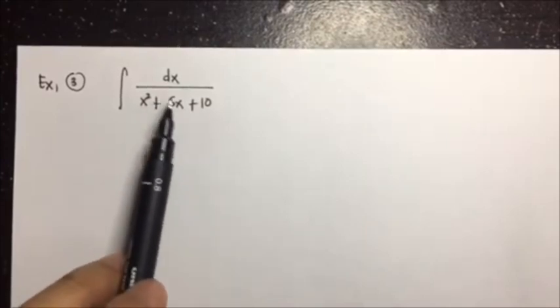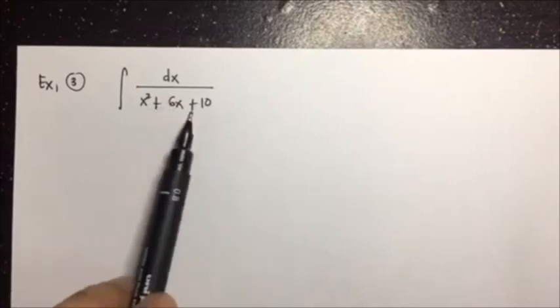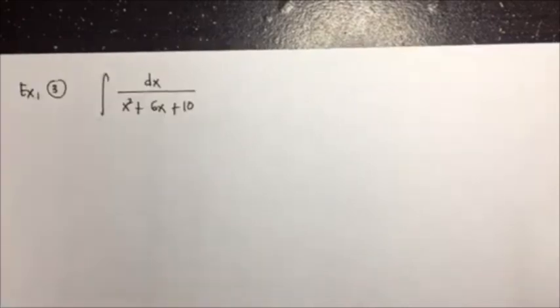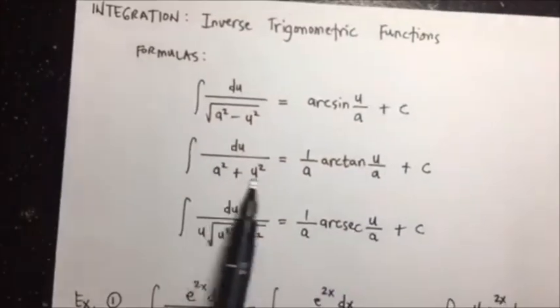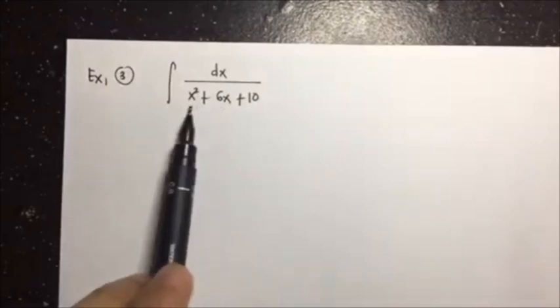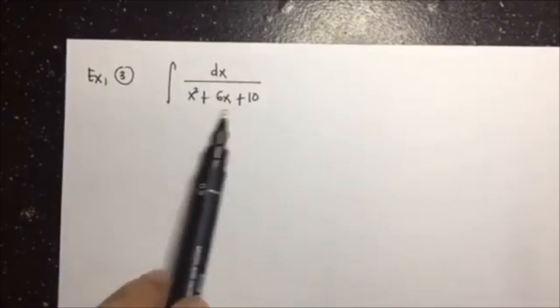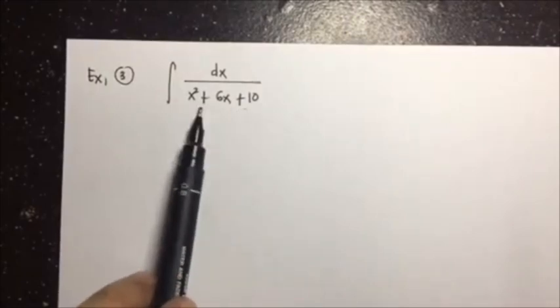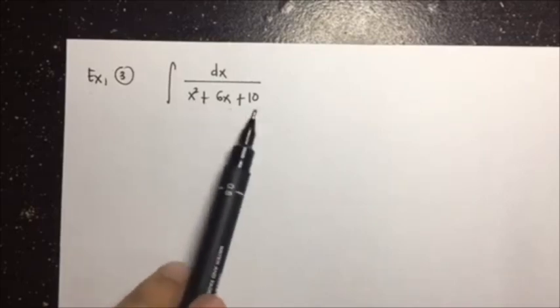This can be solved using arctangent, but first we need to transform the denominator into the form of a squared plus u squared. To do that, we can break down the trinomial in the denominator into a perfect square trinomial and a constant.